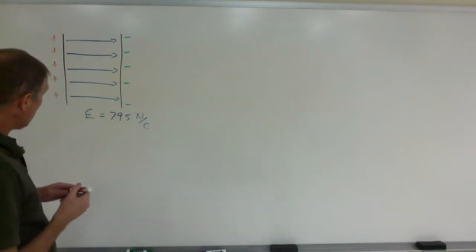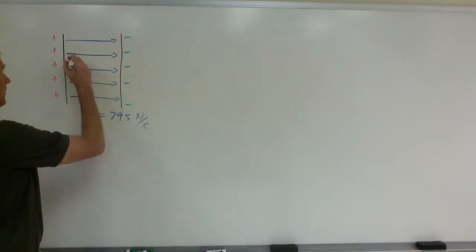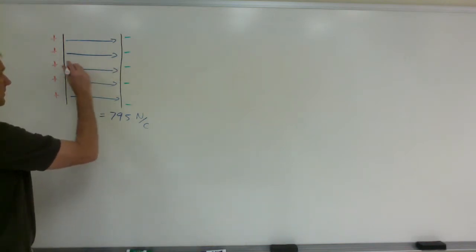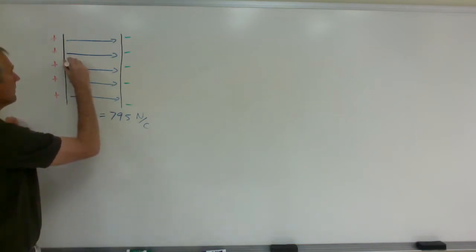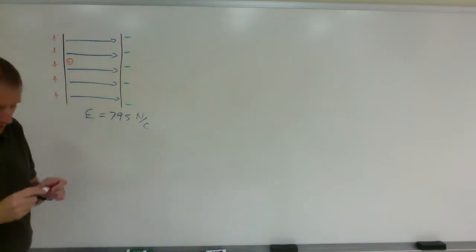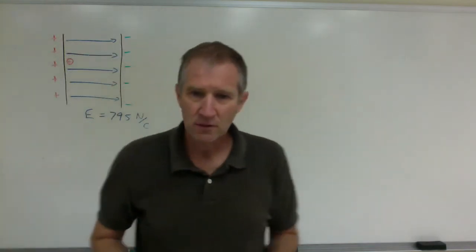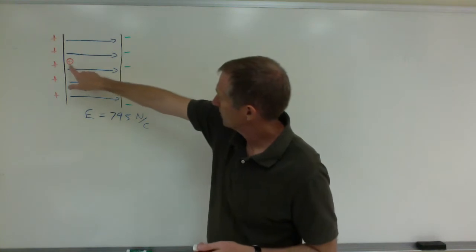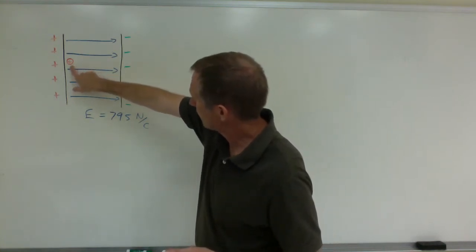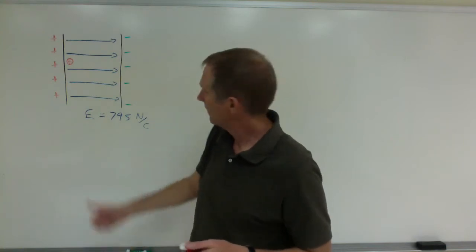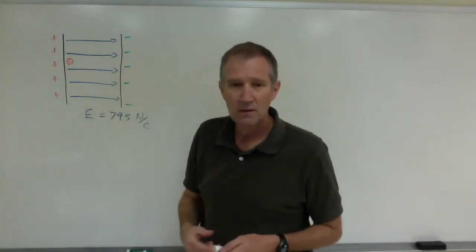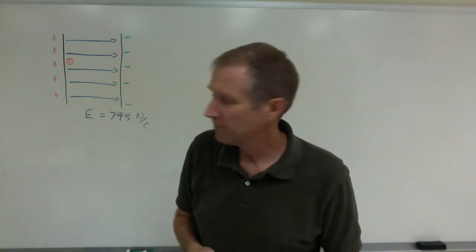Now, if I placed a positive charge anywhere inside of this field, a new positive charge, you would expect it to experience a force because you know that that positive charge is going to be repelled by the positively charged plate and it's going to be attracted to the negatively charged plate.